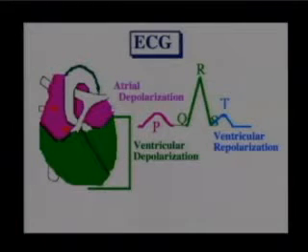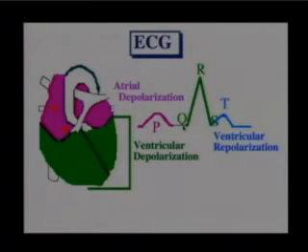Now, if we take a look at the ECG here, we know that you can measure the electrical activity of the heart. As that impulse goes through the heart, you can measure it. Now, as the impulse goes from the SA node across the atria, down here to that AV node, this is the P wave. When the atria depolarize, that's your P wave.